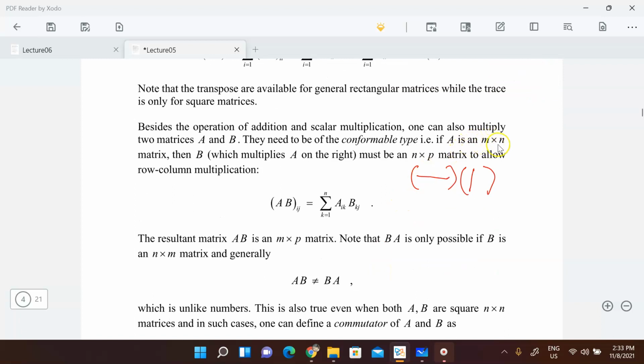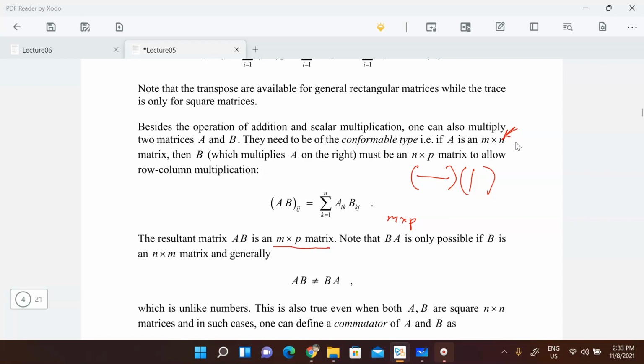If it's m by n over here, then the matrix that post-multiplies it, because it's on the right, has to have, I can't remember the name for it, the number of columns over here appearing also as the number of rows over there, so that when you combine these two, it becomes an m by p matrix.